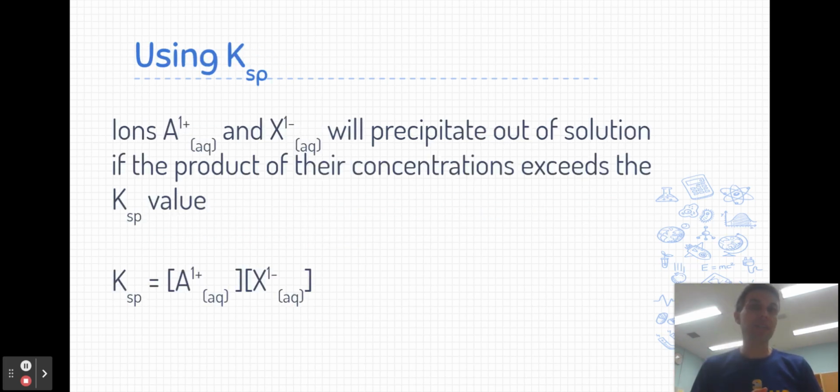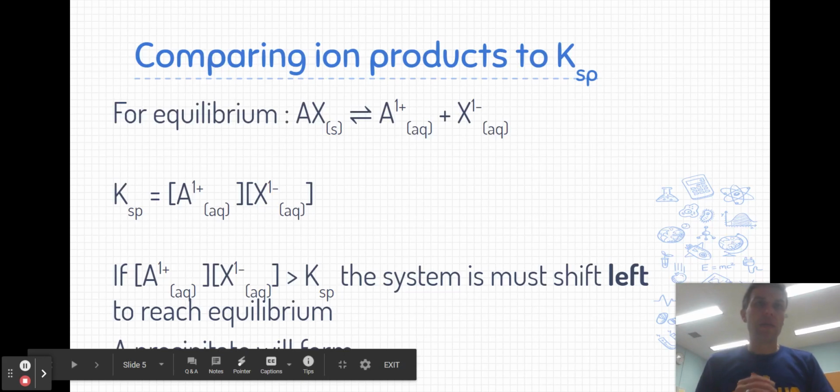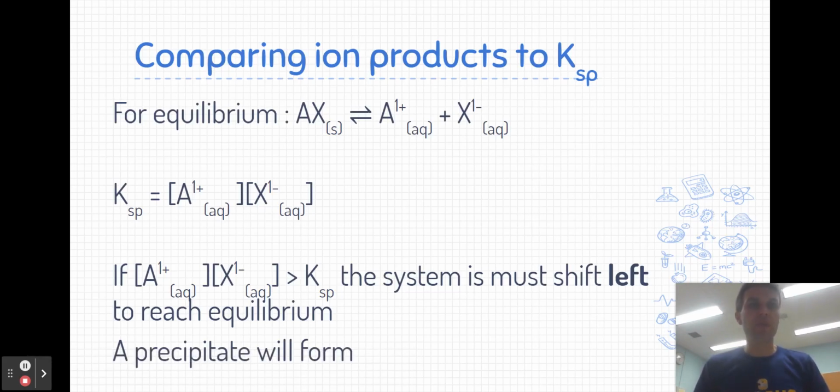Our test to predict precipitation is going to be to compare the KSP value to the concentrations of the ions. Recall that KSP is equal to the product of the ions raised to their coefficients in the balanced chemical equation. Our test will be to compare the two sides of the KSP equation.